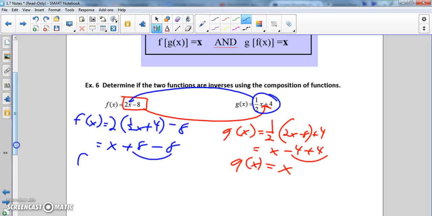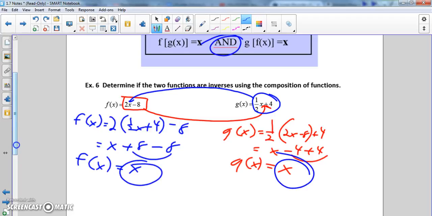Join like terms, and once again, what do we have? f of x equals just x. Very key. Both have to equal x. If both are equal to x, you know that these two functions are inverses of each other.